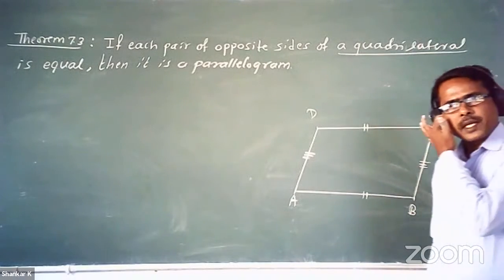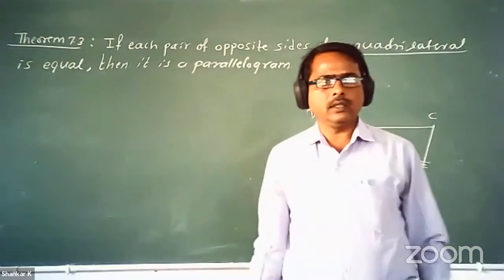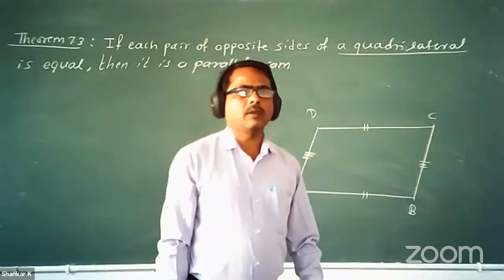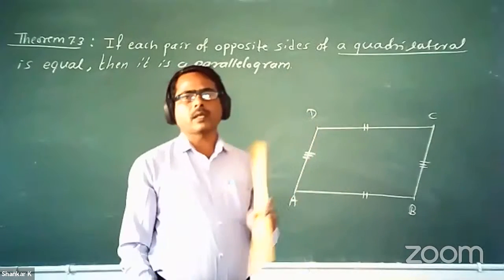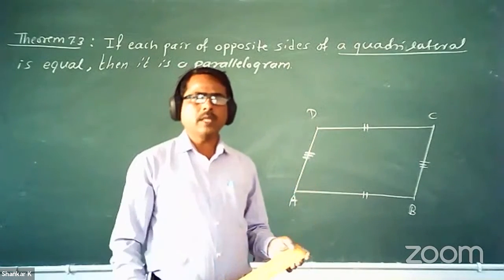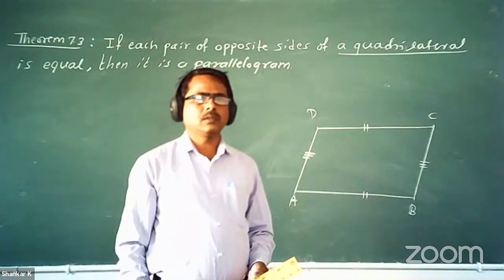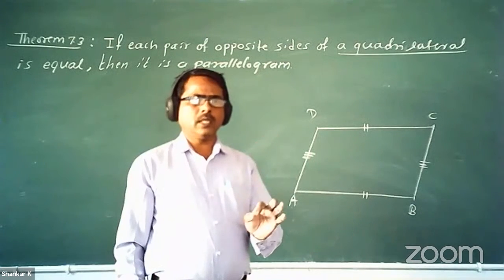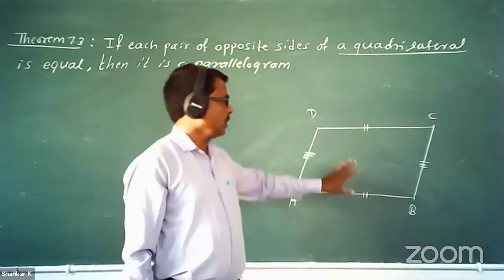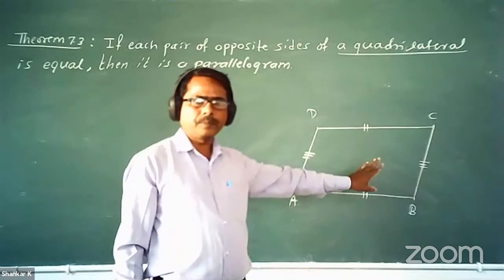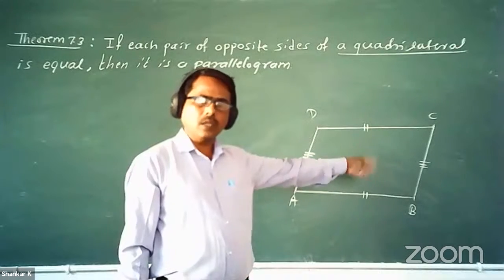How to prove it is a parallelogram? We should prove opposite sides are parallel, because the definition of a parallelogram is a quadrilateral in which opposite sides are parallel. They are saying opposite sides are equal.